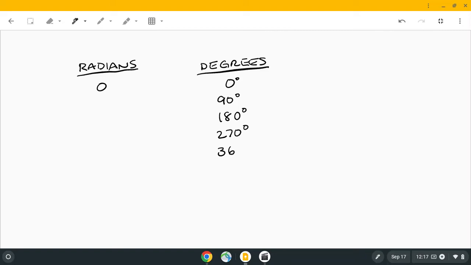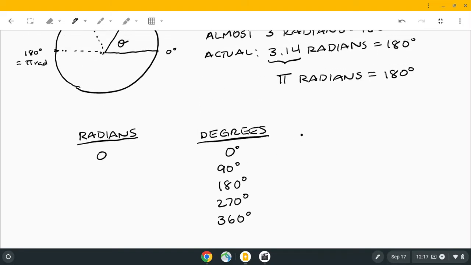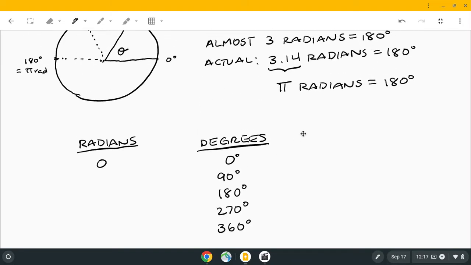We're going to take a look at these quadrantal angles. Let's go back up here to the picture. We see that 180 degrees is pi radians. So then what's 90 degrees going to be?